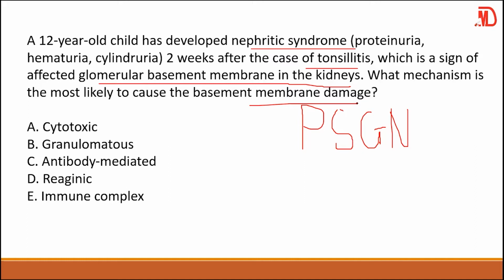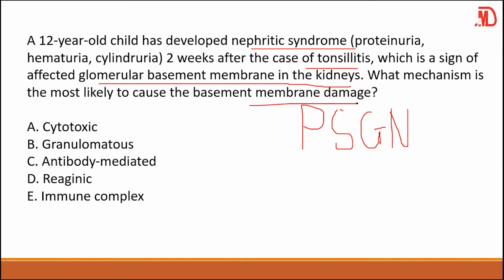And under each type, I gave you the diseases that you are likely to find. Now, over here, we are looking at type 3, that's immune complex. And I've explained this before. Under type 3 or immune complex, we have Arthus reaction.